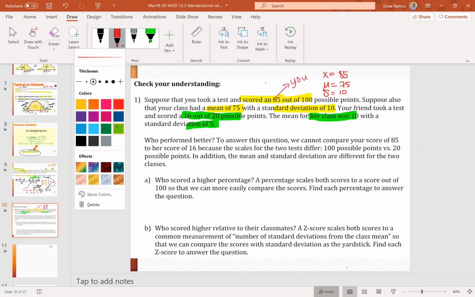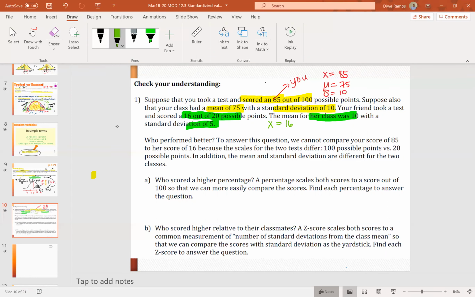So for your friend, x is 16, the mean is 10, and the standard deviation is 5. Those are the important givens, because we need all of those in our z-score formula. Now the question is, who performed better?